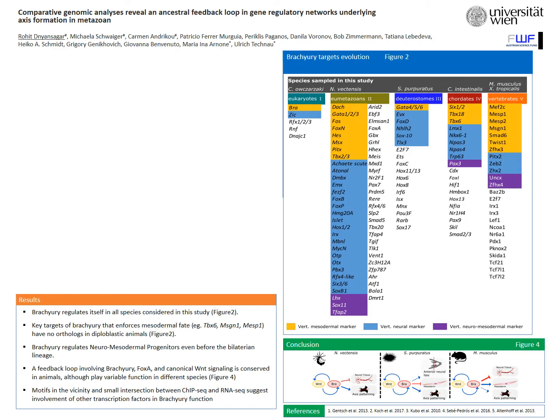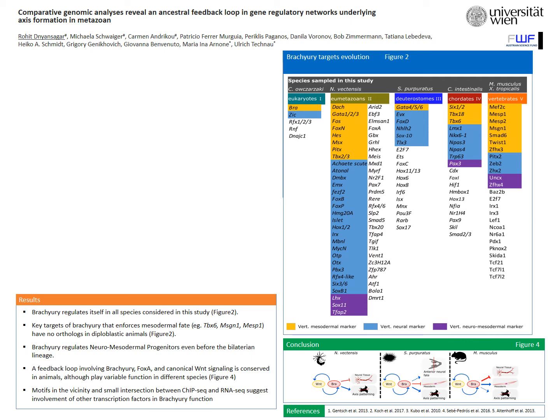In our analysis, we find some key findings. Brachyury regulates itself, as it is the target of itself in all species we studied. Key brachyury targets that enforce the mesodermal fate on developing cells are missing in diploblastic animals, for example TBX6, mesogenin 1, MESP1, etc. Brachyury regulates neuromesodermal progenitors even before the bilateral lineage.